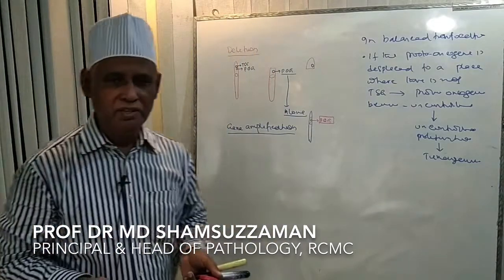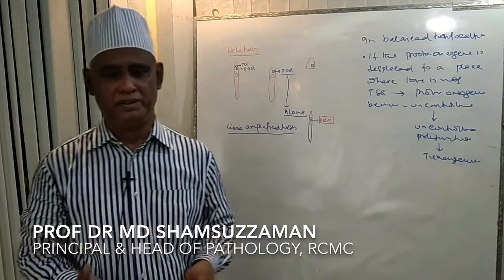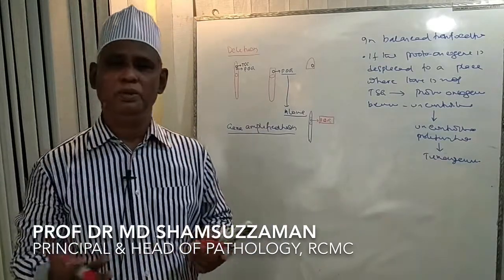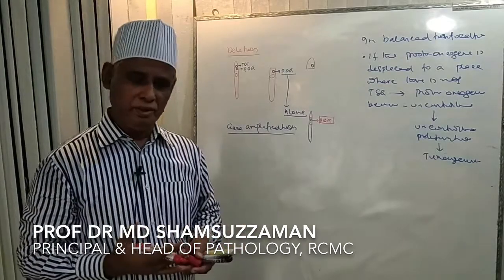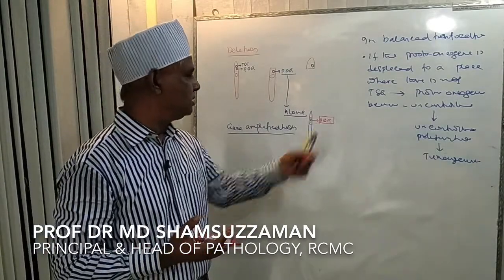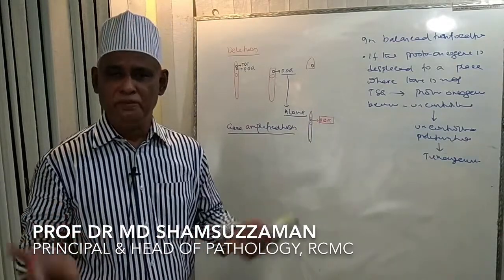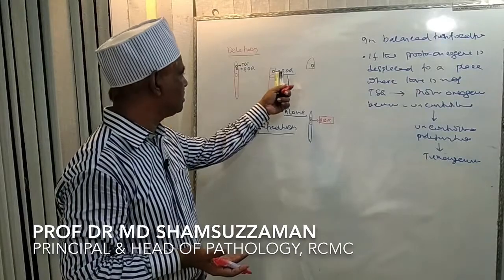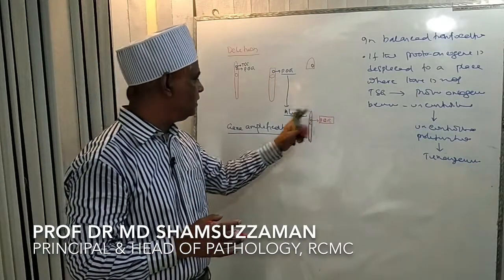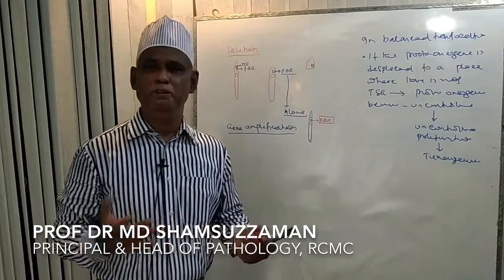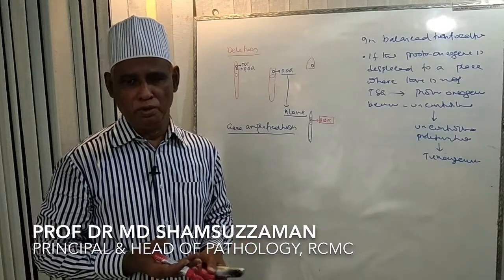The activity of the proto-oncogene is amplified due to exposure to certain carcinogens, without translocation and without deletion. And as the activity of the proto-oncogene is amplified, there will be uncontrolled proliferation and tumorigenesis.